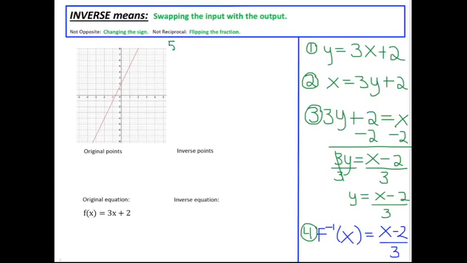And I'm color coding this for you so it's easier to understand. Notice here that I have f of x in green and I have f inverse of x in blue. So we'll keep with that. And I'm going to do f of f inverse of x first.